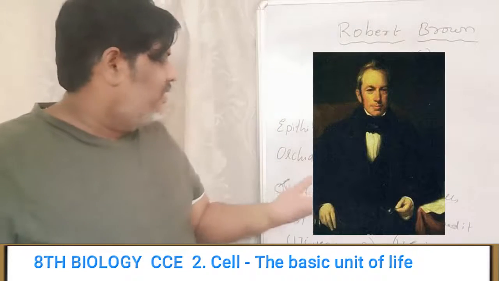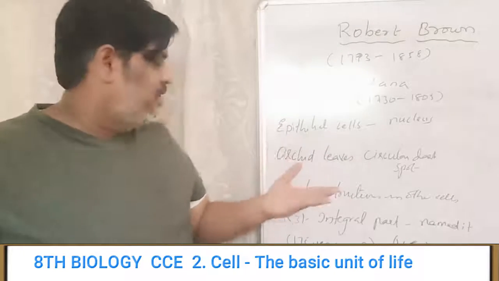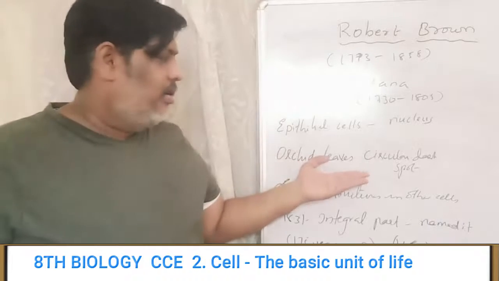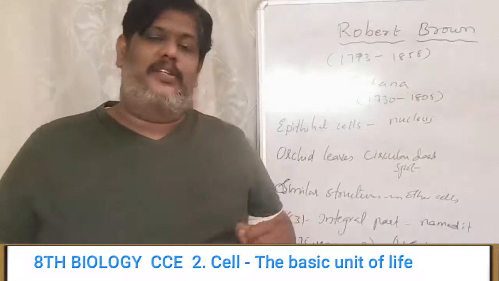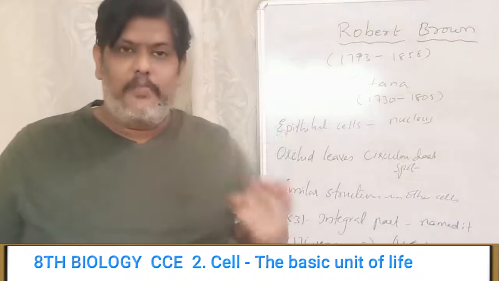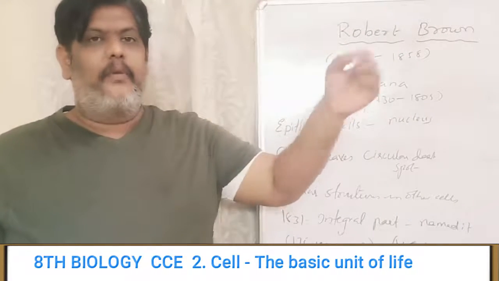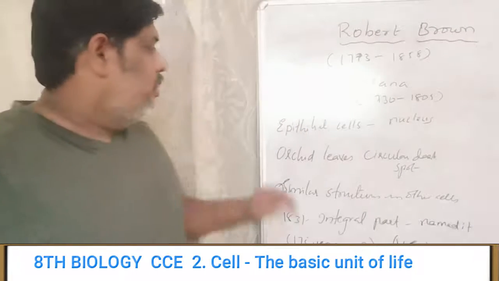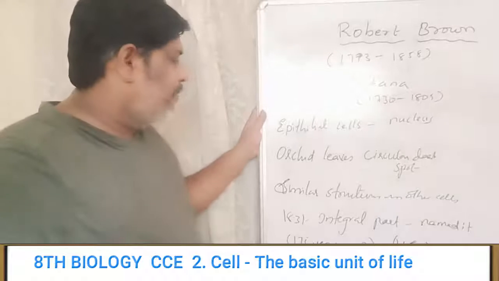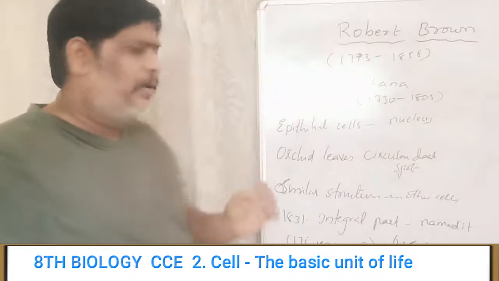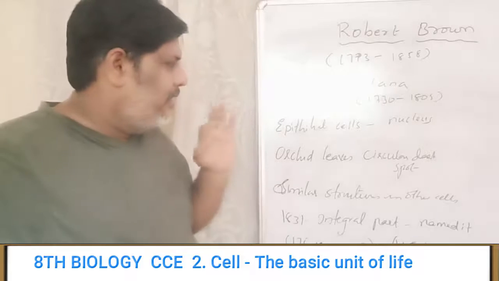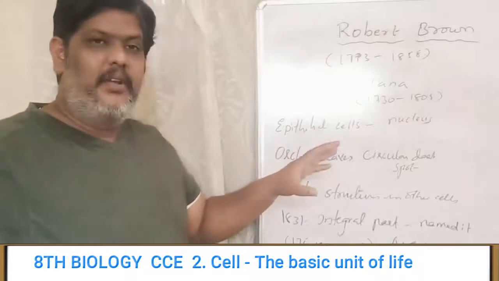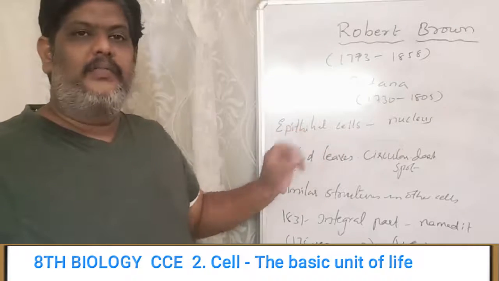Especially when he was observing orchid leaves, he found some circular dark spots, a bit different from all the other organelles. He thought this should be a very important part of the cell.